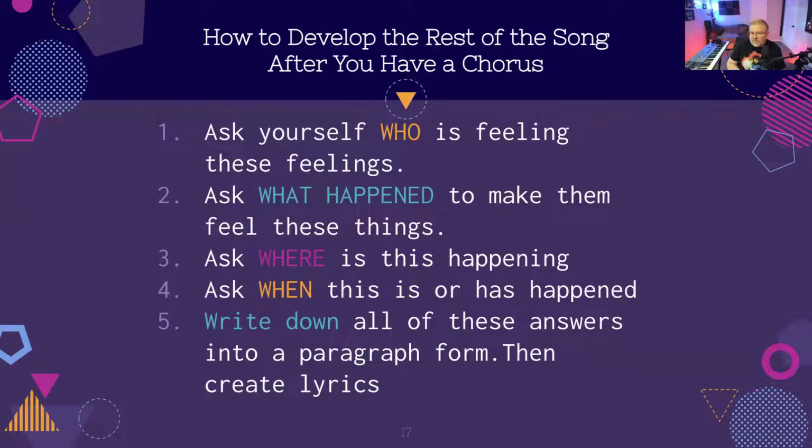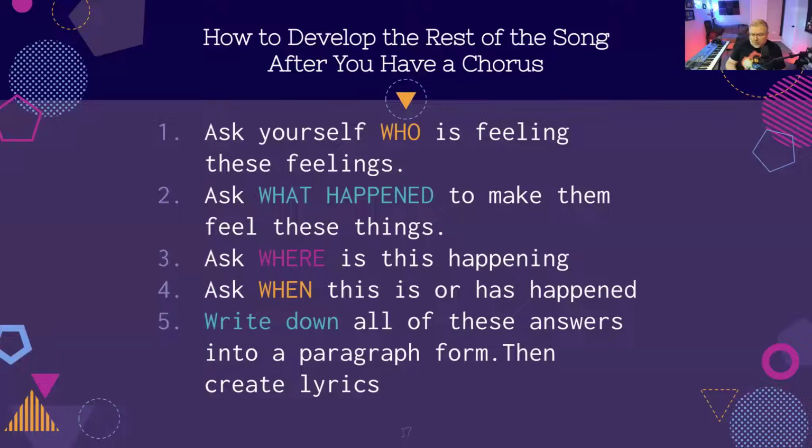If you can, do object writing or write from your senses about the who, the when, the where. That gives you a lot of nice concrete imagery that you can put into verses. So you can come up with these answers that can become parts of your verse material. So that's if you are starting with a chorus first.